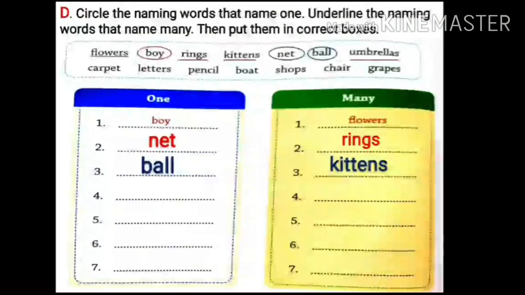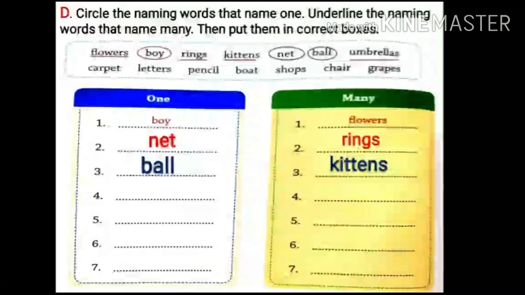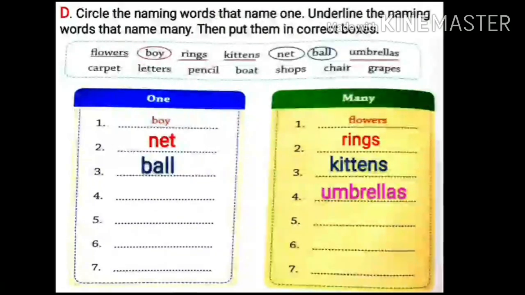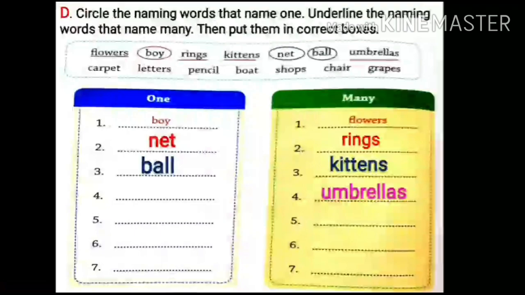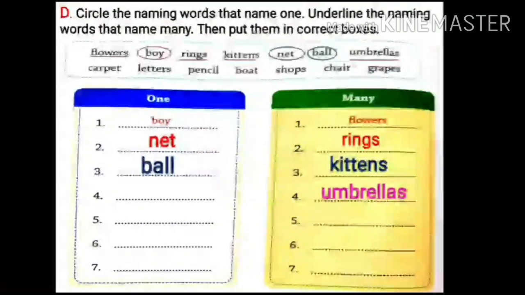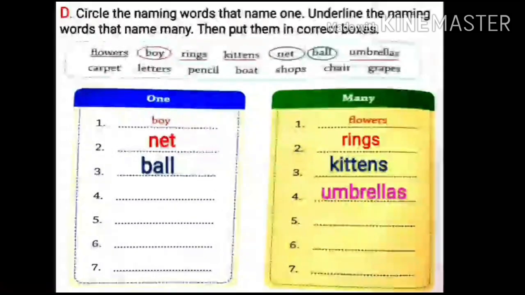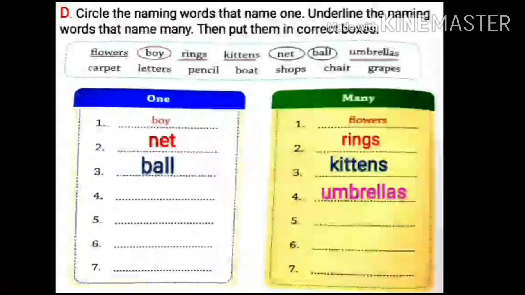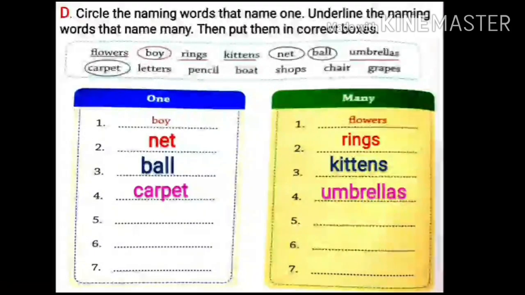So underline this and write it under many. The next word is carpet. C-A-R-P-E-T, carpet. Only one carpet. So circle this and write in first column.